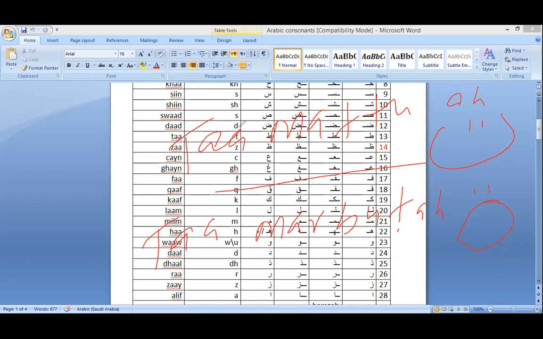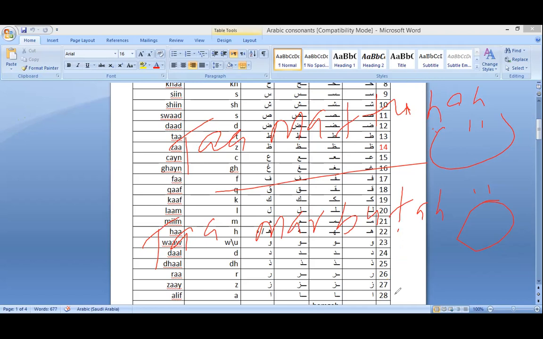This one is very important for you too, for the pronunciation. When I say maftuha, this is ha. When I say marbuta, this is ta. So this one is called ta maftuha, and this one is called ta marbuta.